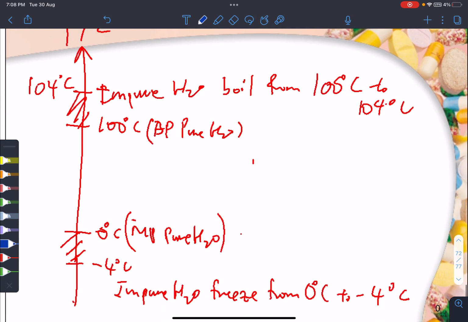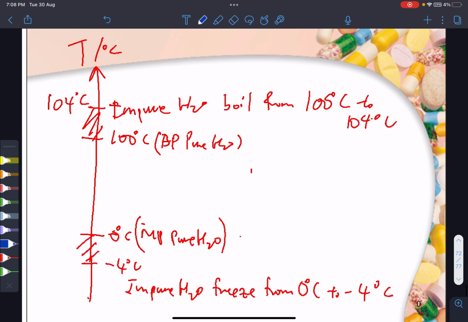This diagram basically summarizes it for you. We use water as an example. We know water melts at 0 degrees and boils at 100 degrees. So this is the pure one. What happens if there's impurity? In my words, impurity stretches things.